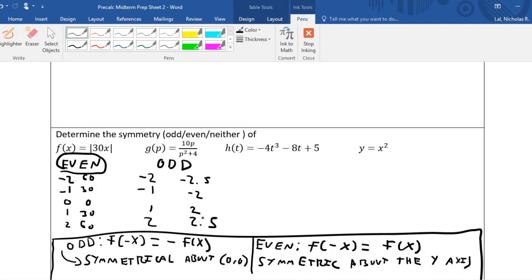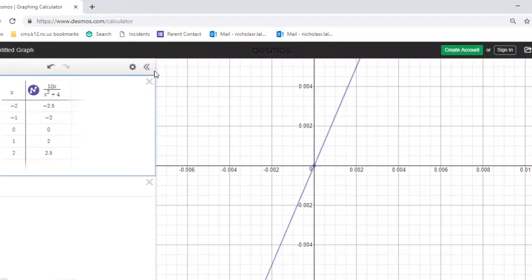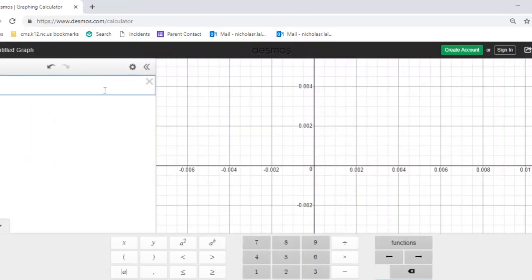Put the function into the calculator. If this is true for all x and y values, think about it, f of negative x equals negative f of x. And that's what you're doing, all right? So this is odd. So try the next one, negative 4t cubed minus 8t plus 5. Graph this in Desmos and tell me whether this is odd or even.